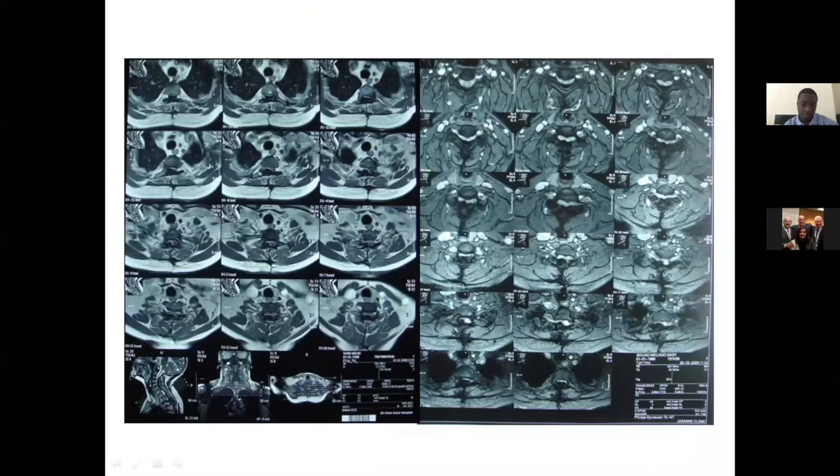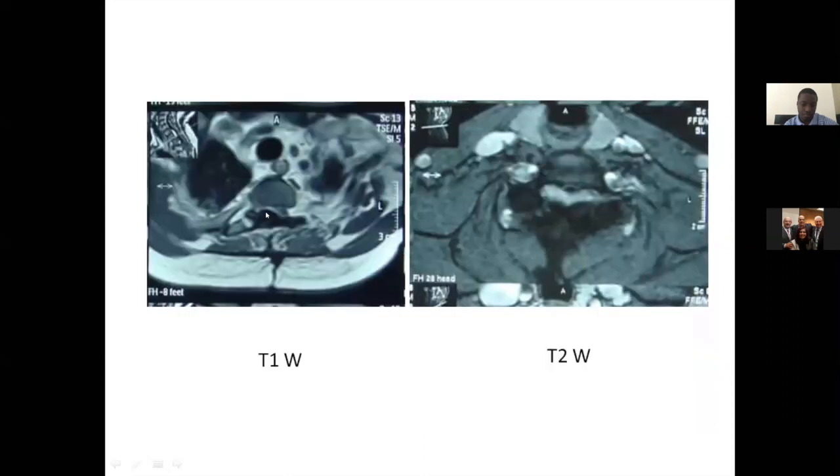On the axial cuts, you can see attempts at laminotomies from the 3 previous operations, but still there is this very thick tissue, still black on T1 and black on T2 on the axial cuts.